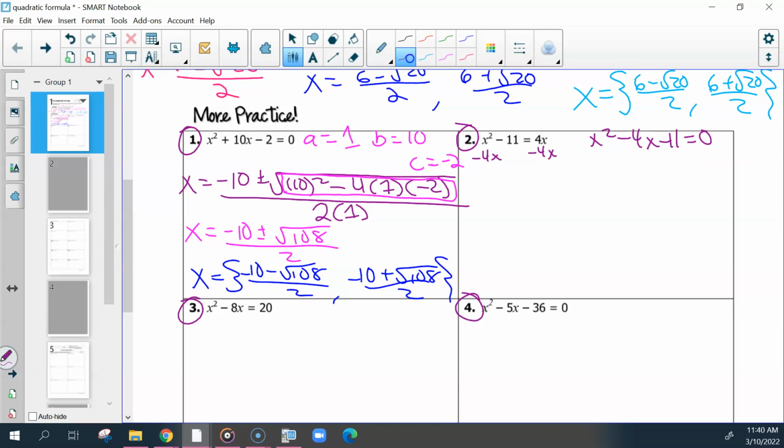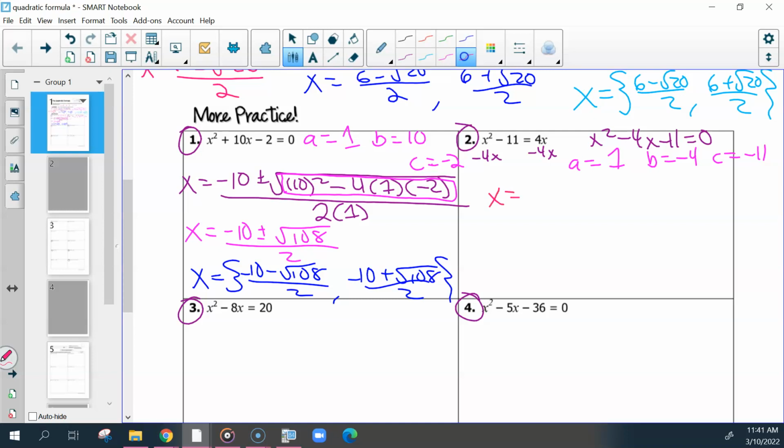Now that it's in that format that we've been seeing, now we can find our A, B, and C values. What are those? 1, negative 4, and negative 11. So now that we have those values, we can start putting them into our formula.